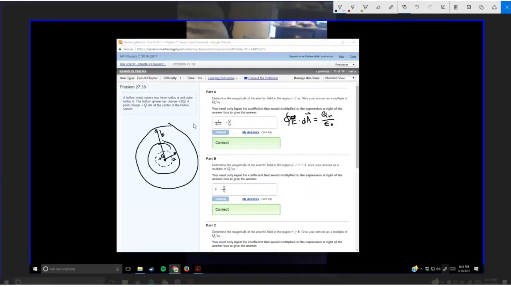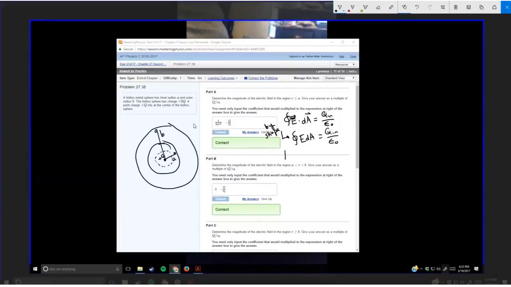We definitely will have time to get to all of those in a minute. Focusing on this one: because it's a sphere and it's a point charge, your electric field will be everywhere parallel to this A vector. So due to shape, this becomes this, and you can get rid of the dot product.